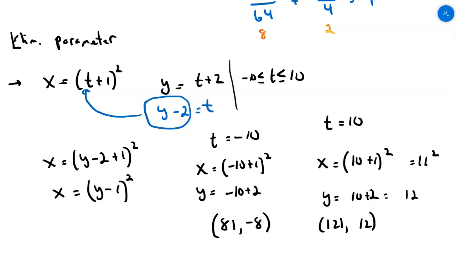All right, so what I've really got is a sideways parabola that starts 81 units to the right and 8 units down, comes up and around, swings like that, and ends at (121, 12). All right, so that's what it looks like, and I can restrict it to just that set of values from (81, negative 8) to (121, positive 12).